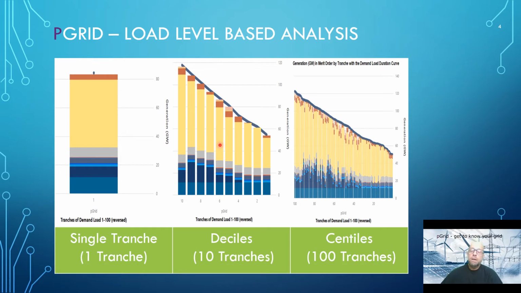If we then go up a notch and say we really want to get a lot of data and look in real detail, we go to the 100 load levels, the centiles, and these columns here are exactly the same as these columns here. They're just taking, instead of 1 pile or 10 piles, 100 equal piles of half hours organized in load level. And this really is what pGrid is doing to help us understand what's going on in the grid.